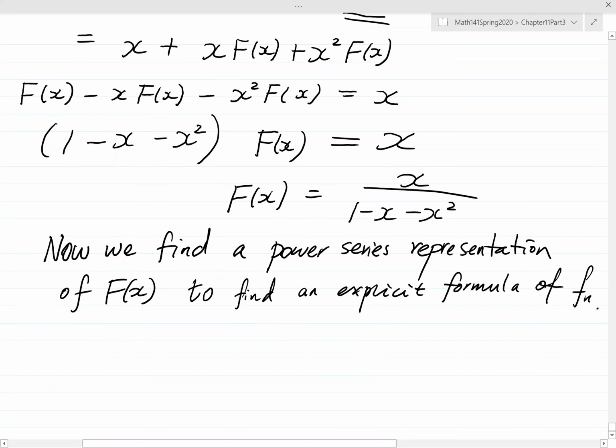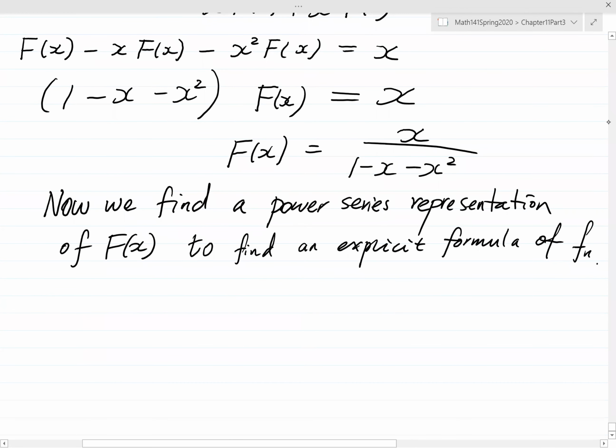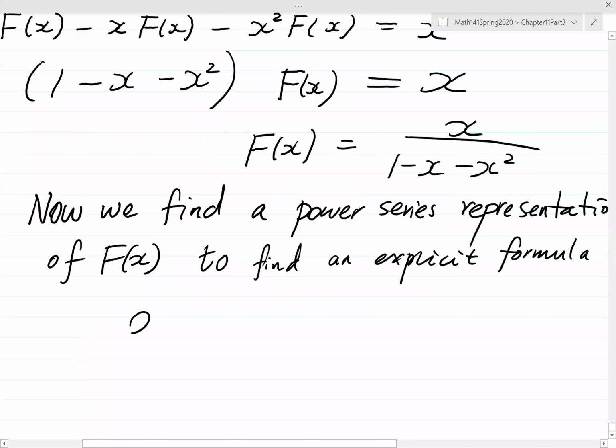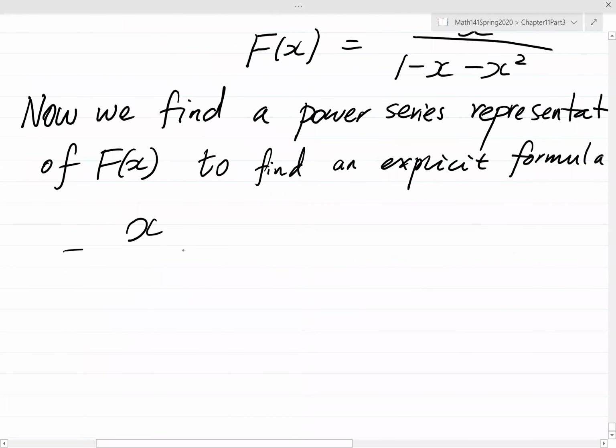So the question now is, how do we find a power series representation of this generating function, x over 1 minus x minus x squared? Remember, we did a similar problem last time.